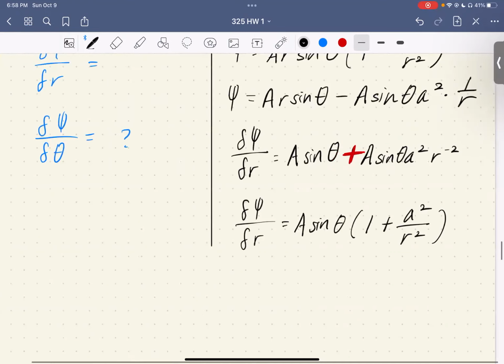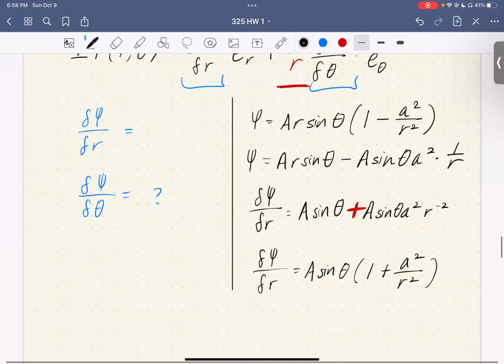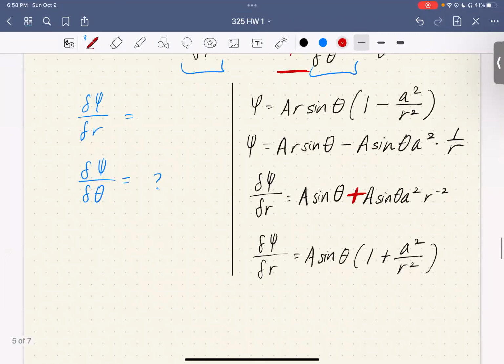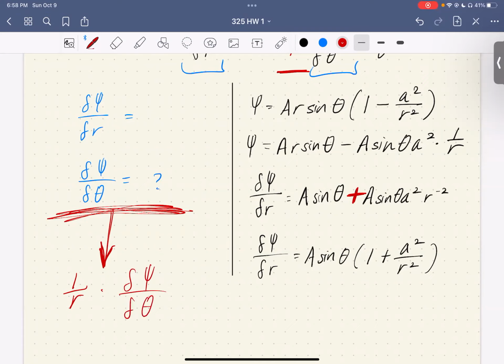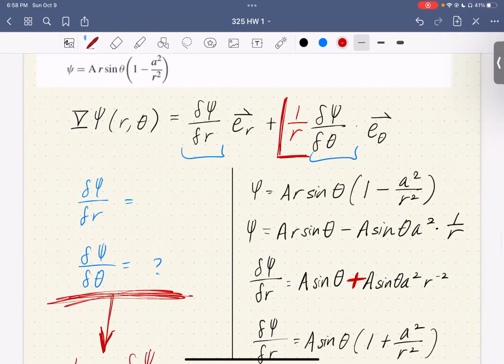And this is just for the partial derivative with respect to r. When you do the same thing with respect to theta, please make sure to multiply it by 1 over r as well before plugging it back in. Right over here, we do need to account for this 1 over r.